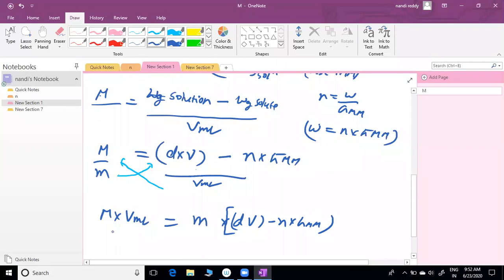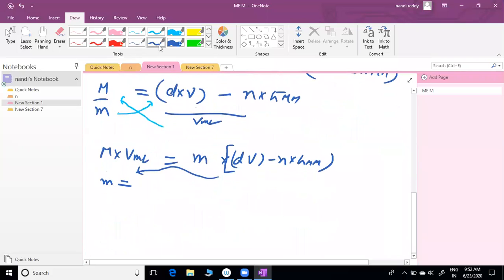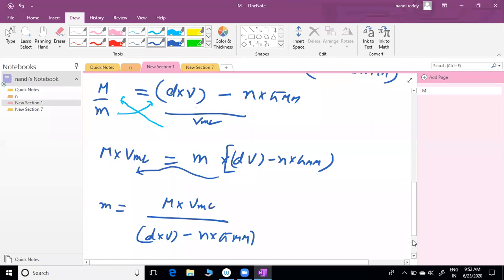So small m equal to, you can bring everything here: m equal to M into V mL by density into volume minus N into gram molecular mass. Any doubt up to this?